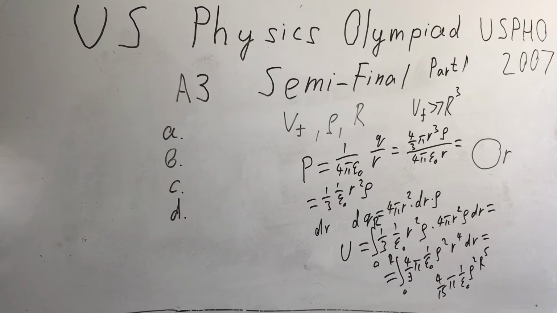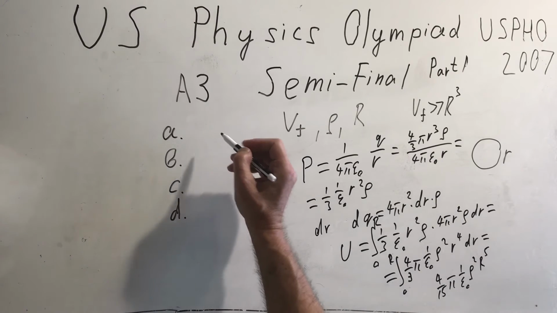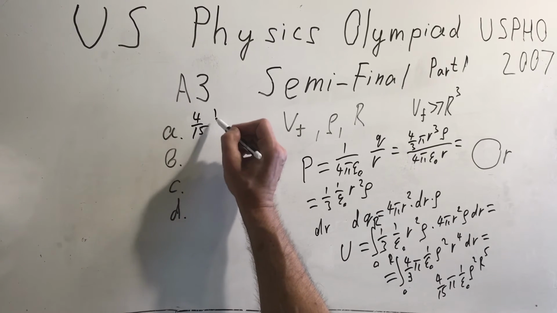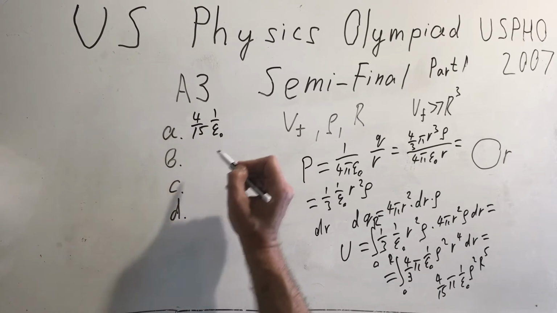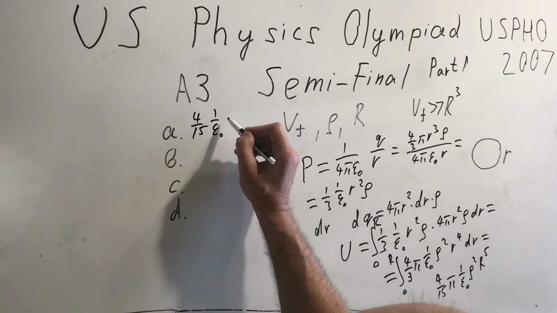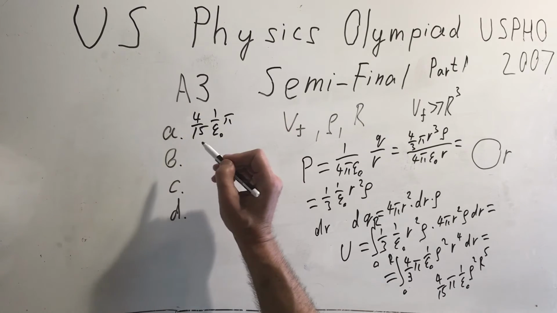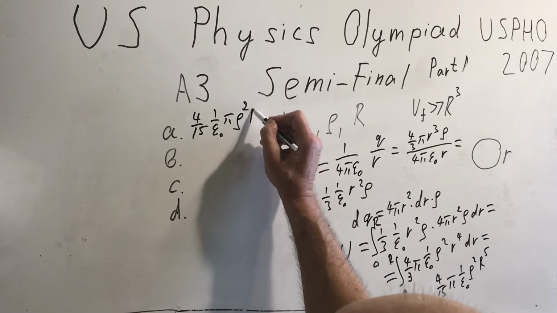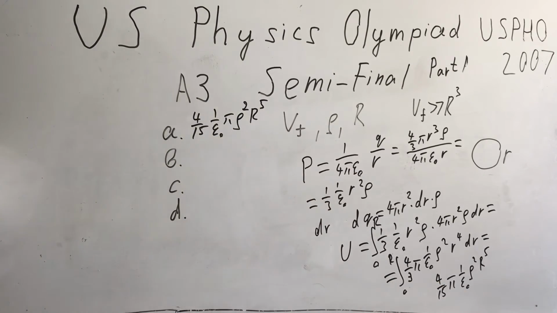This is the answer for the first question A: 4 over 15 times 1 over epsilon 0 times pi ρ squared R to the power 5.